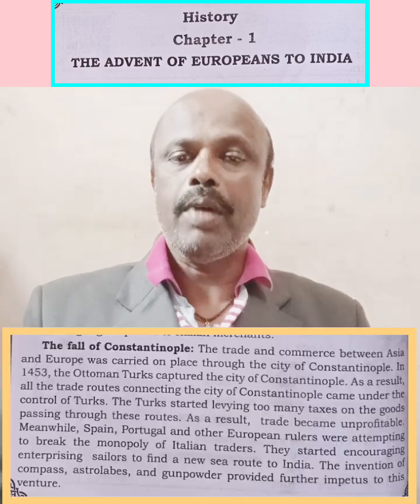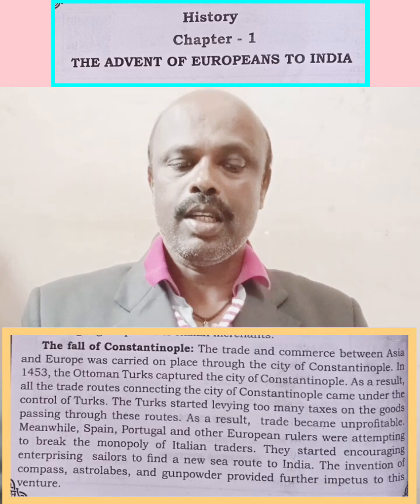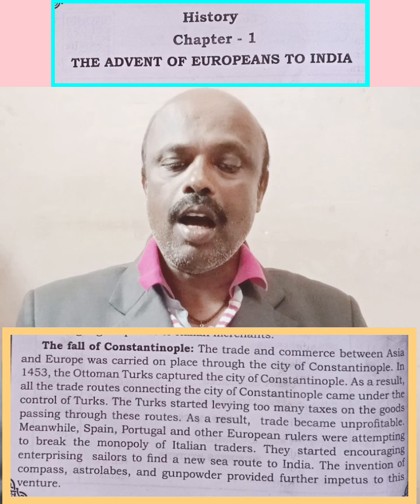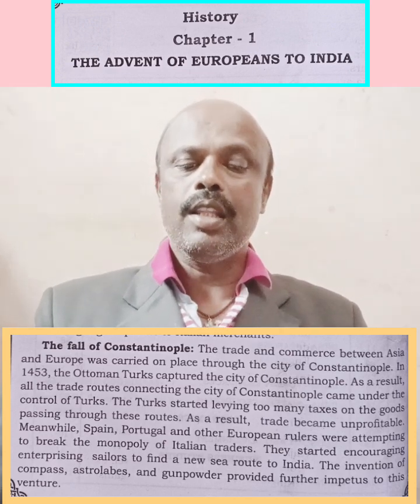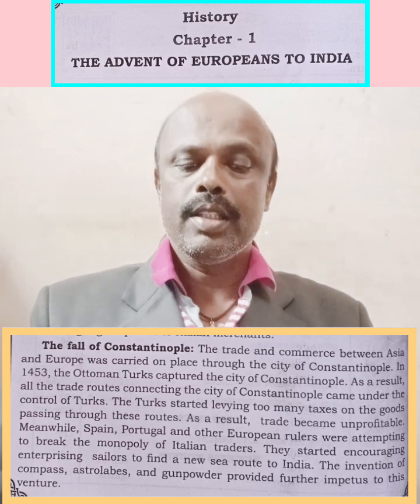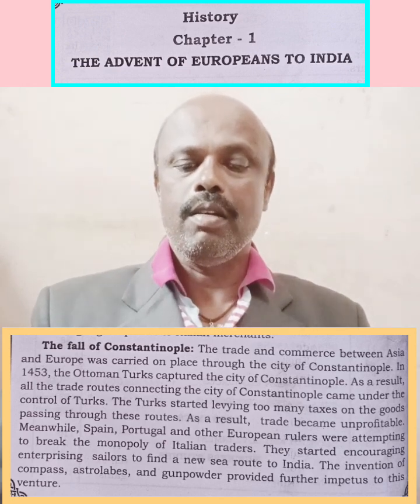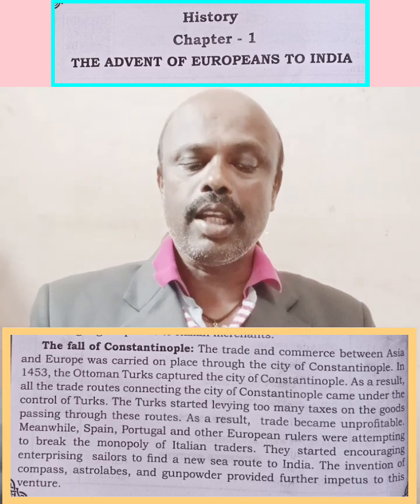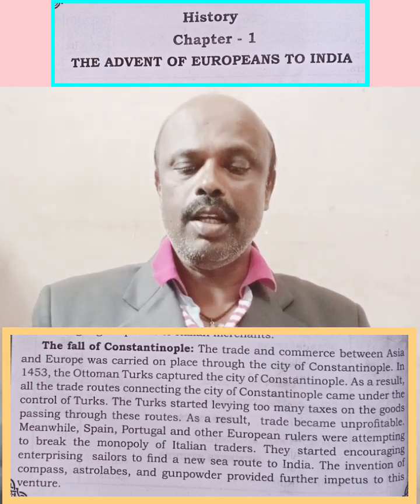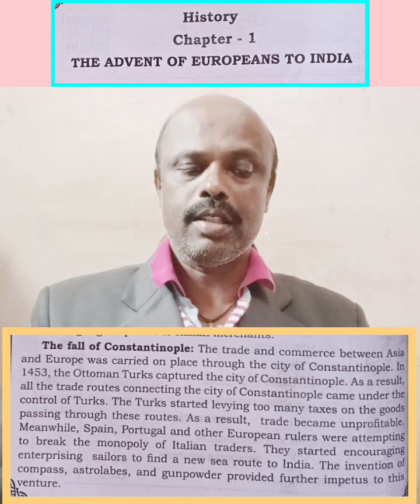This point, the fall of Constantinople, is very important in history. The trade and commerce between Asia and Europe was carried on through the city of Constantinople. As a result, all the trade routes connecting the city of Constantinople came under the control of the Turks.